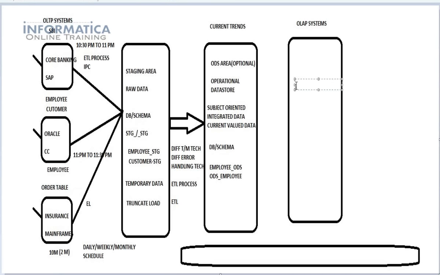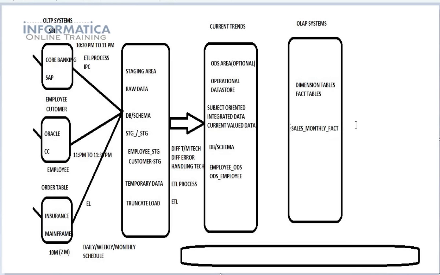The data from the OLTP systems will be present in the dimension tables and the fact tables, which are present in the OLAP system. Let us say I have a fact table called sales monthly fact, which contains all the aggregated information at the monthly level.